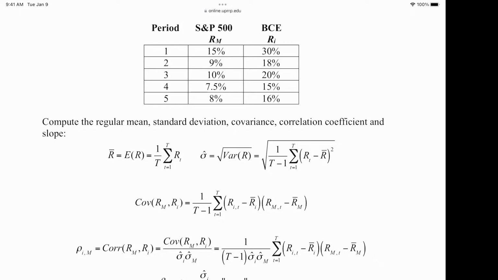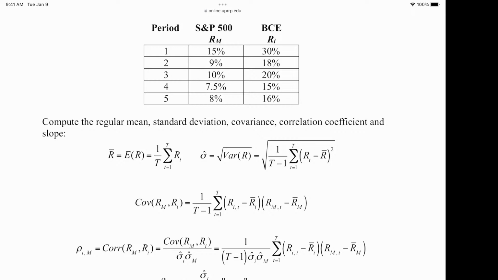I can do that for the returns to the market, and for the returns to the firm, the same formula. So you have the average and the standard deviation, and I use the symbols R bar and sigma hat because it's an estimate of the population standard deviation. And then I have covariance of returns. So you should be able to calculate all of those.